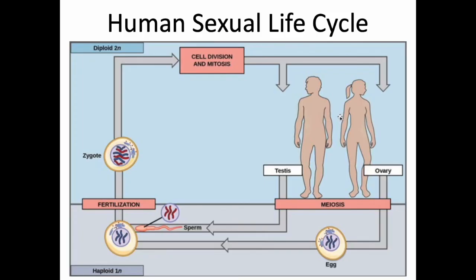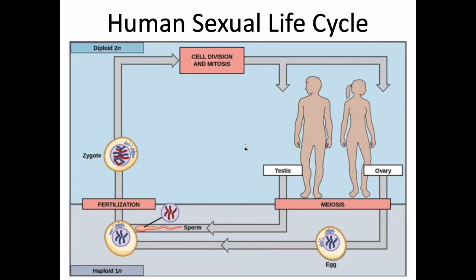But when it comes time to making sperm or eggs, only one copy of each chromosome goes into the sperm. Only one copy of each chromosome goes into the egg. So parents are both diploid, but they only pass one of each chromosome to their offspring.